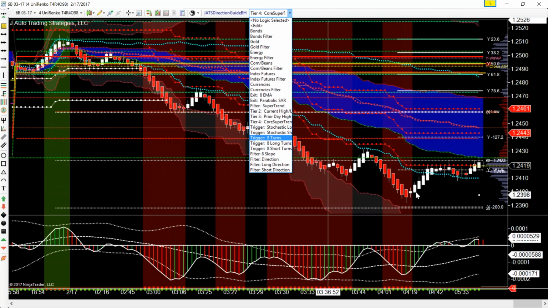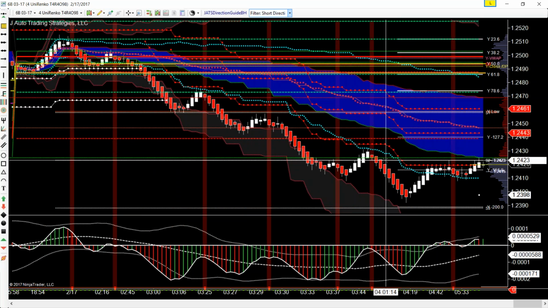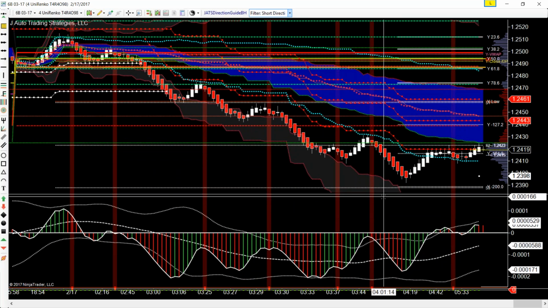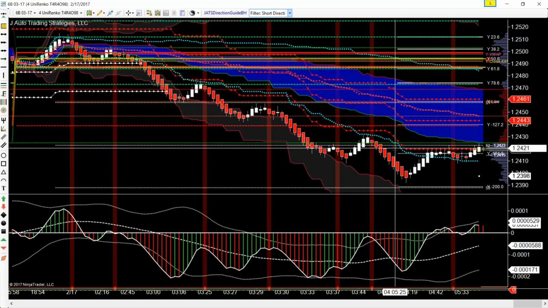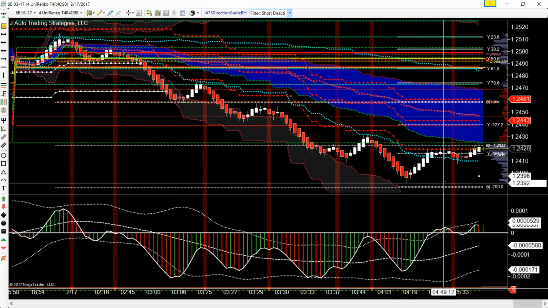This particular filter I have on it is representative of a blend of momentum and other things to let me know that it should represent some strength in the market and it's okay to participate in that direction.